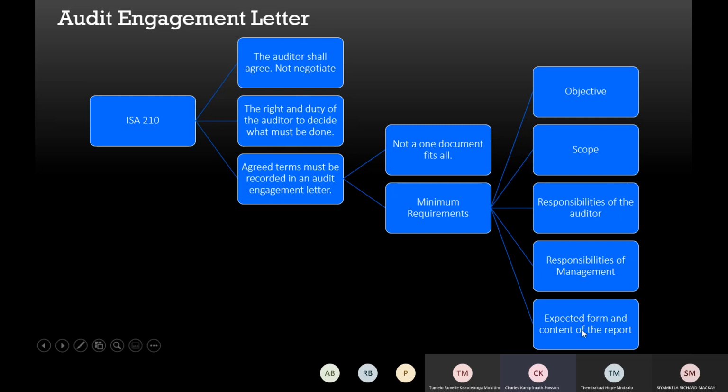And so we go on until the expected form and content of the report, where this client would have said, at the end of the day, I would like a report where you can tell me that the value of my inventory is free of material misstatements. And then we can either give reasonable assurance or we can give negative assurance where we say nothing came to our attention.